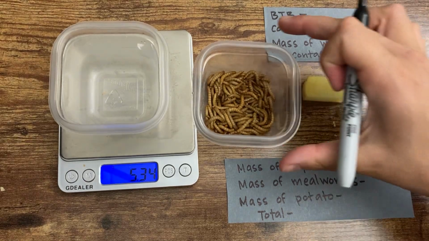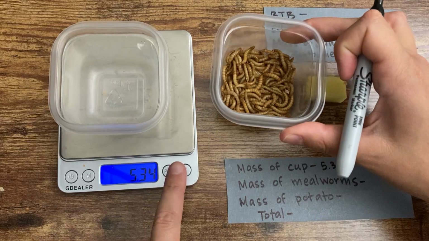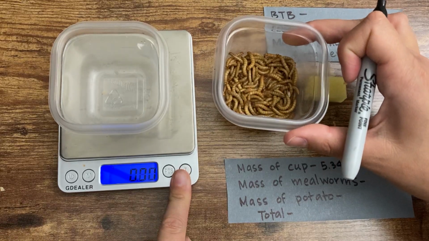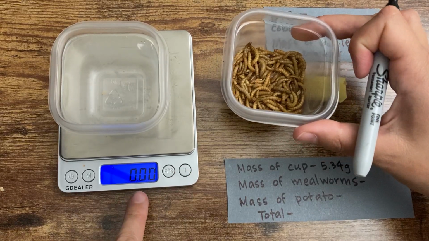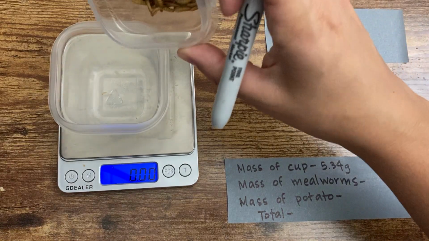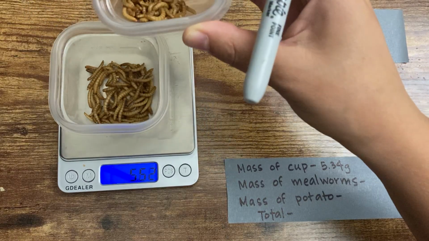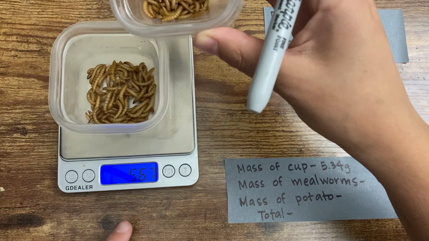All right, I now need to know the mass of my mealworms. So in order to do that, I'm gonna press this T button. That stands for tare, and what it does is it makes it so that the balance reads 0, even if it already has something on it. That allows me to pour in some mealworms, and now I'm having just the mass of the mealworms show up.